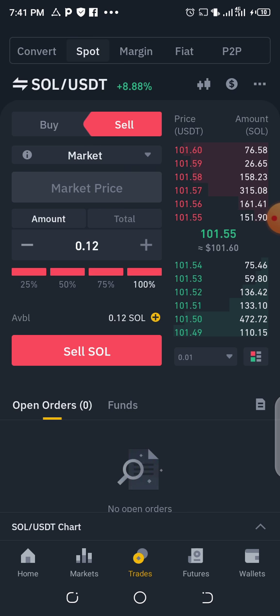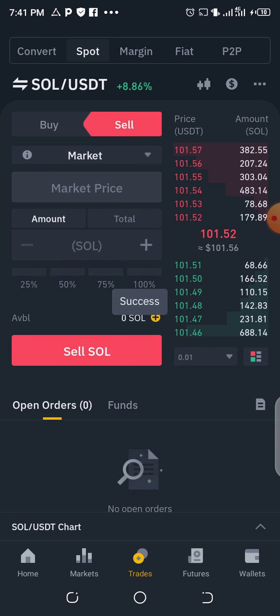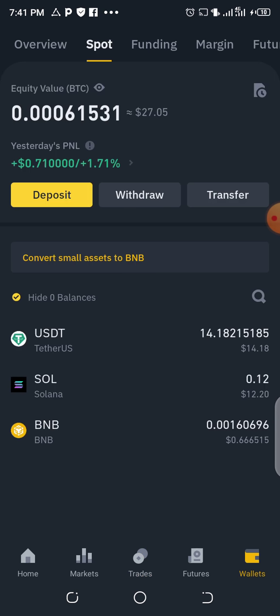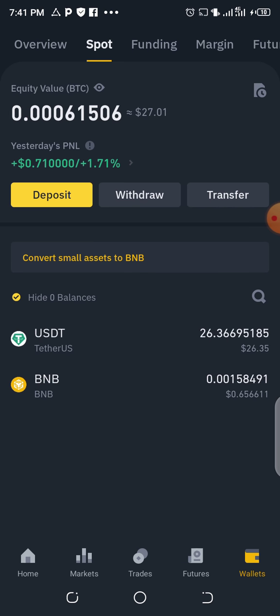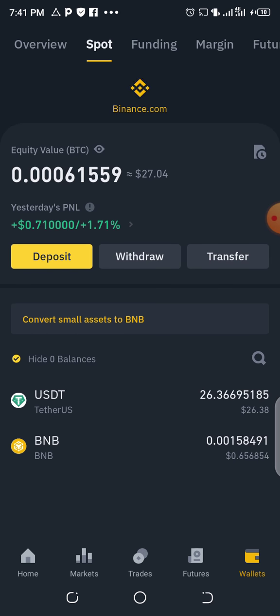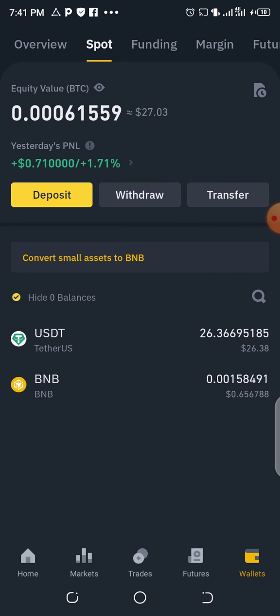I click 100% and I sell Solana. Success. And I come to my wallet, I refresh. When I refresh, I find out that I've sold Solana and the money goes back to my USDT. So that is how it is.